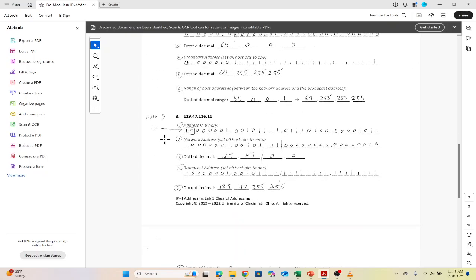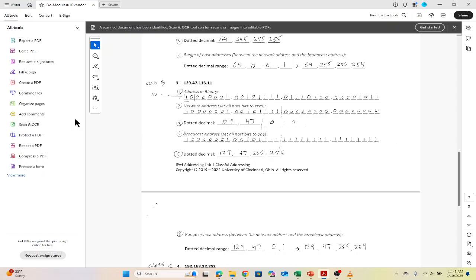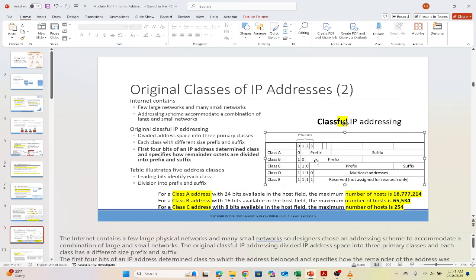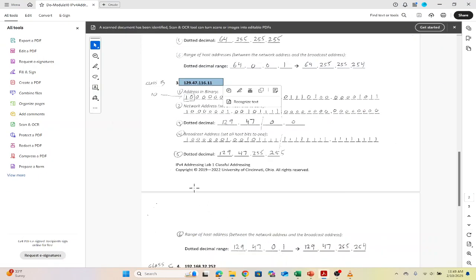Okay, let's go on to the next one here. It's rinse and repeat. We know this is a Class B address. Again, Class B starts with the 10 here, right? So we know it's a Class B. Class B is the first 2 octets are considered the network address. So this would be the network address here, and then 0.0.